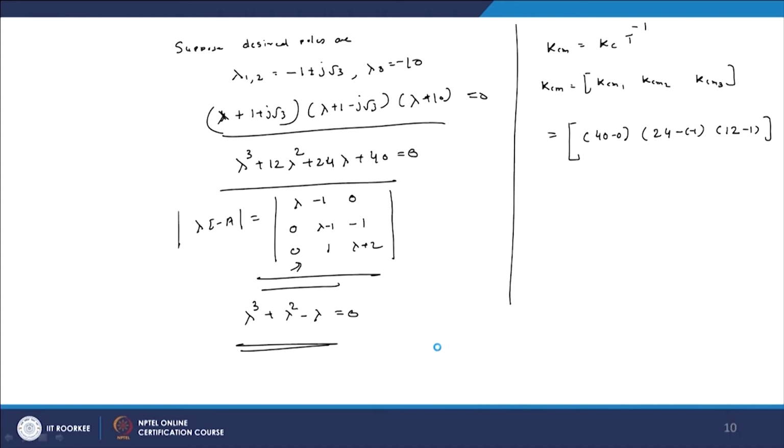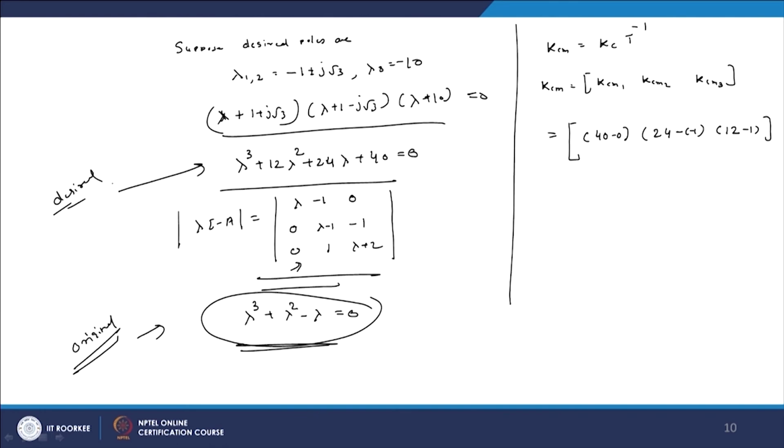That is why we have written lambda cube plus lambda square minus lambda, the characteristic equation of the original system, and this is your desired one. Now we have compared it, and we get KCM as KCM1, KCM2, KCM3, that is 40, 24 plus 1, 12 minus 1. If you solve it, you will get 40, 25, 11.